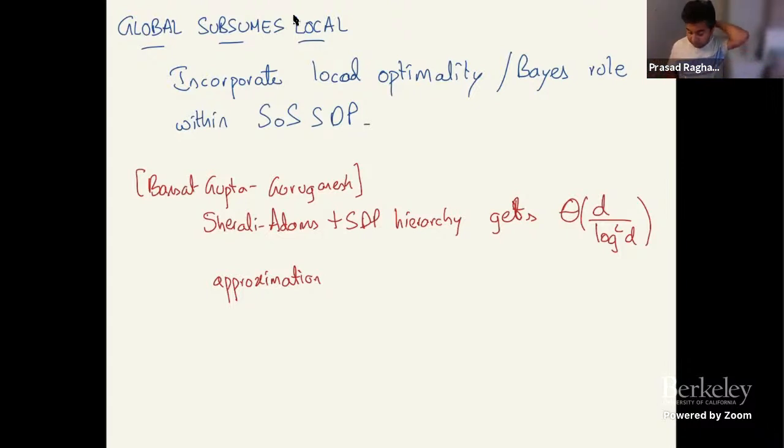It's not from inference, but in combinatorial optimization. Bansal, Gupta, and Guruganesh showed that if you use the Sherali-Adams hierarchy plus SDP, you can get the optimal approximation for independent set in degree D graphs.